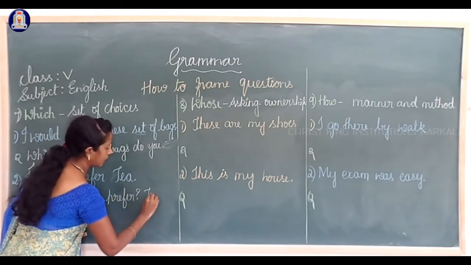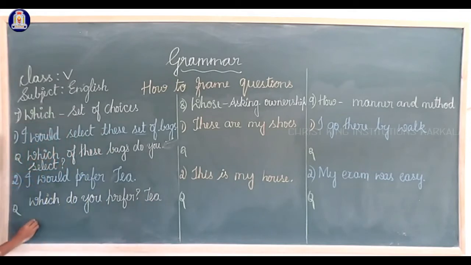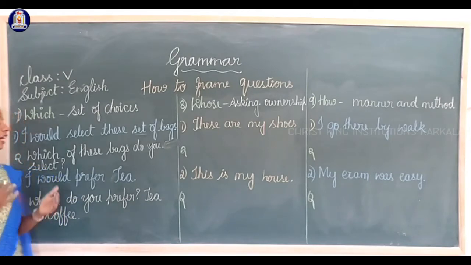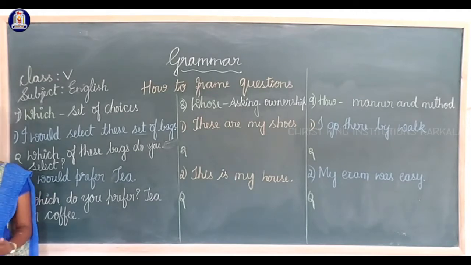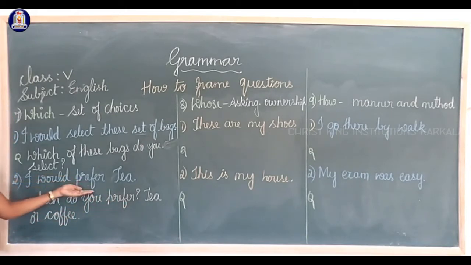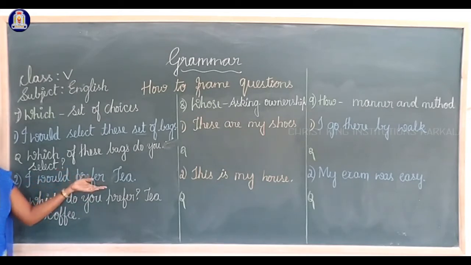Tea or coffee. Which one are you going to prefer? So the option is given to you and you have to tell your preference. You can tell them, I would prefer tea, or if you want coffee, I would prefer coffee.